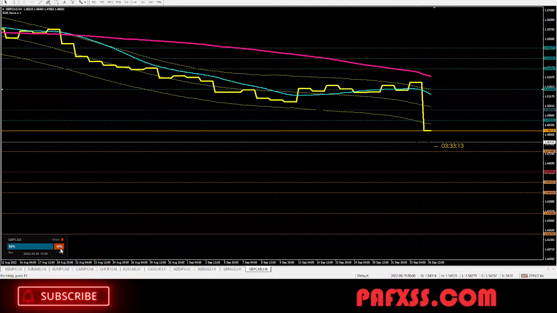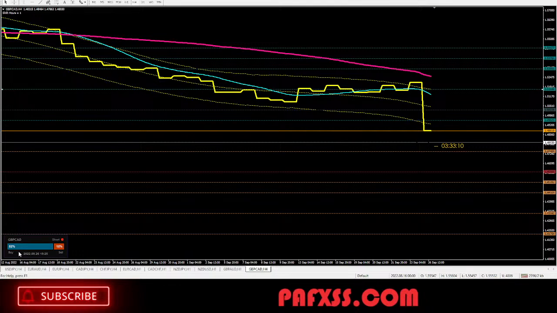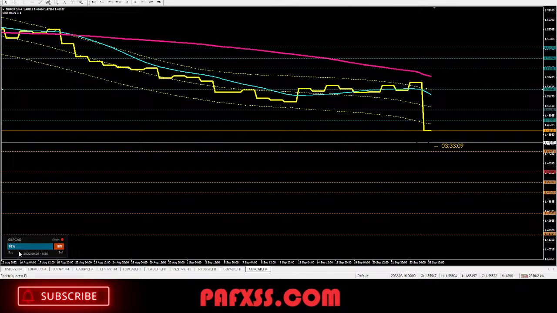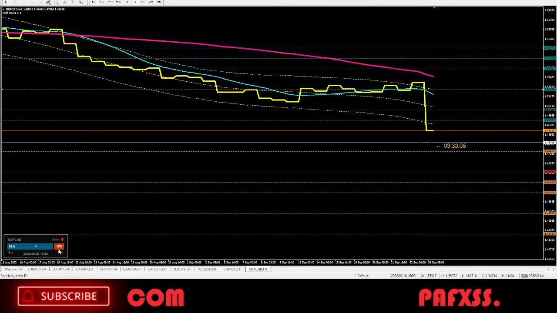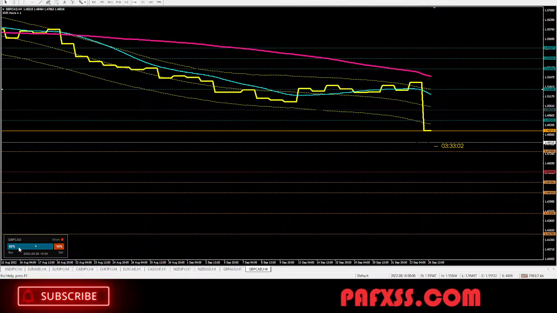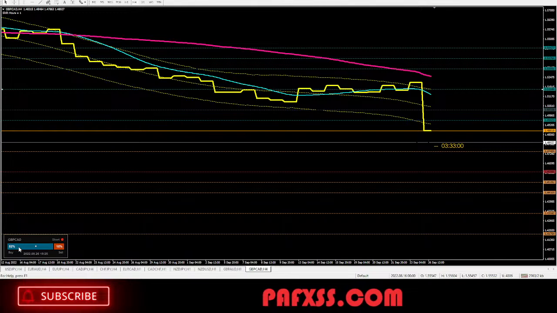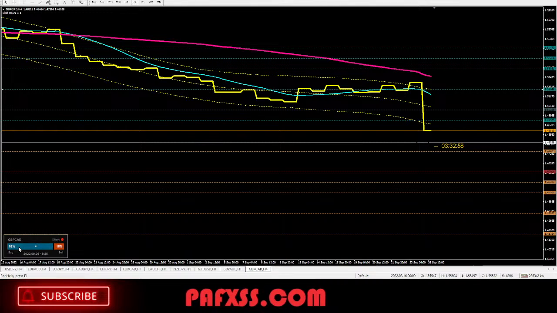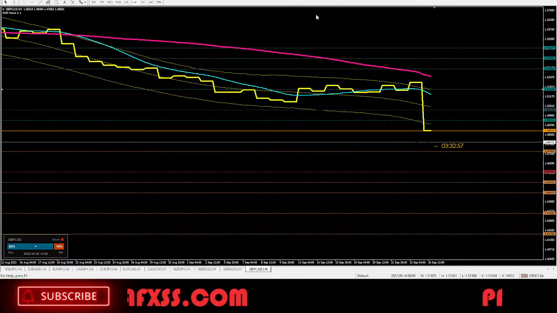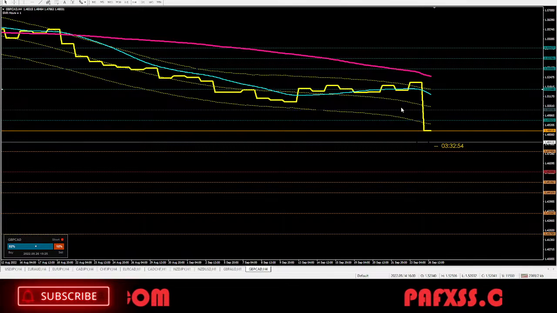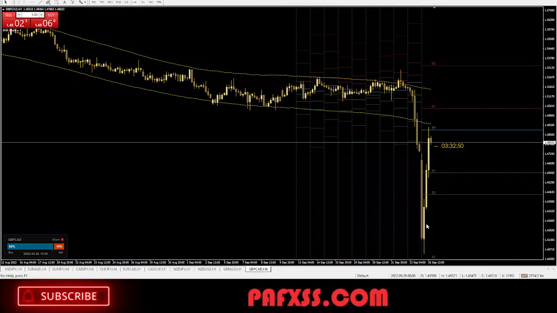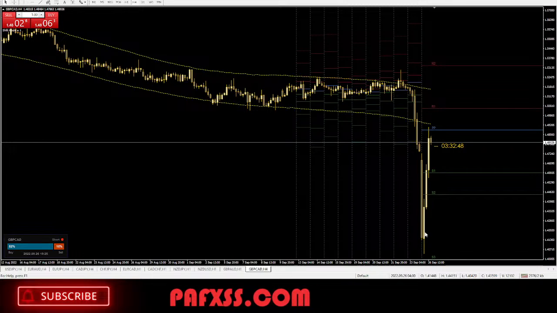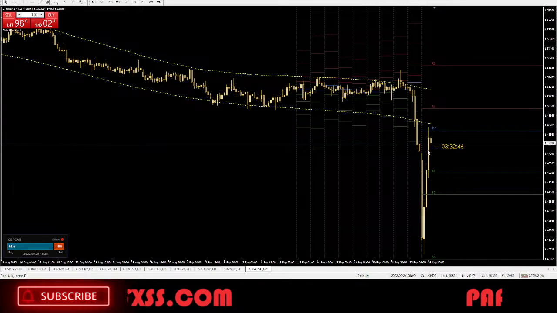Okay, and look, 82% people buying and 18% people selling. And you know, the 82% people, they are losing money, because obviously GBP CAD is dropping like crazy. Look, it's dropping. This one, it just happened.